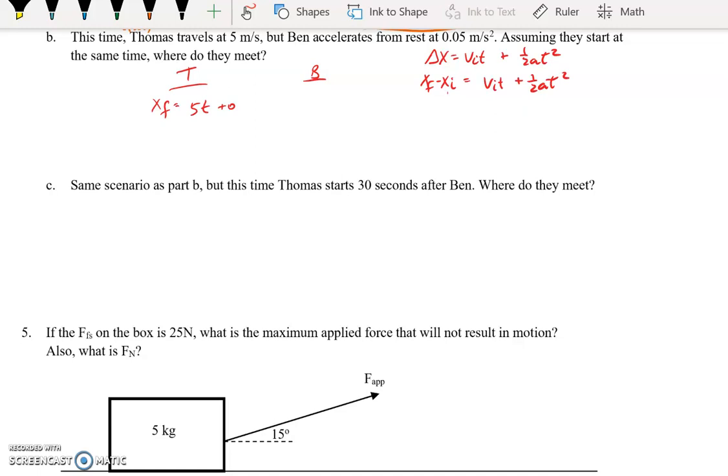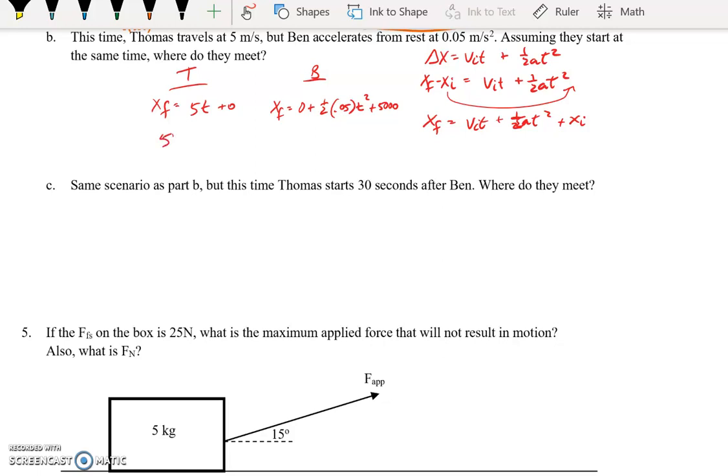So all we're doing is moving initial position to the other side, so you're left with xf equals vit plus 1/2 at squared plus xi. So for Ben, xf equals, he starts from rest, so 0 plus 1/2 0.05 t squared plus 5,000 for his initial position.